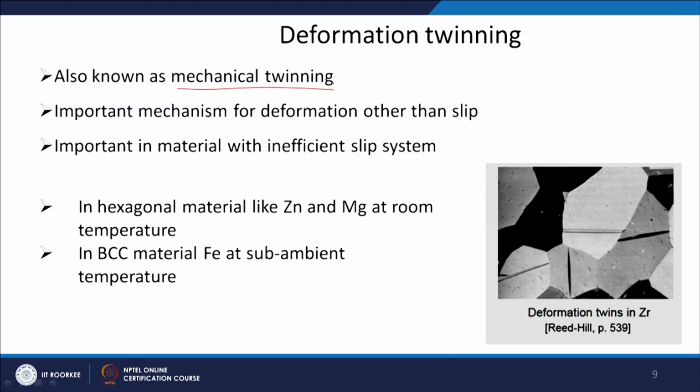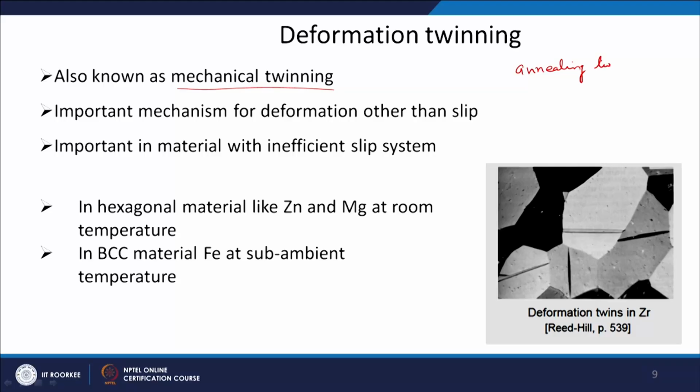Deformation twinning is also known as mechanical twinning, because twinning can be by two reasons. One is through the deformation process, for that we call it mechanical twinning. Sometimes twins form during the annealing process also. Those twins are called annealing twins, formed during transformation and so on.